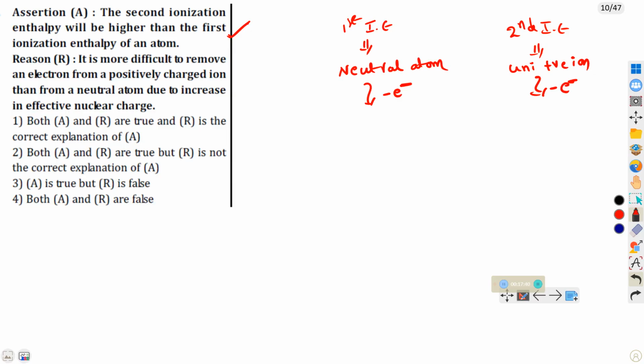It's more difficult to remove an electron from a positively charged ion than from a neutral atom due to the increase in effective nuclear charge. Correct. A is true, R is also true, and R is the correct explanation of A because ionization energy is directly proportional to nuclear charge.